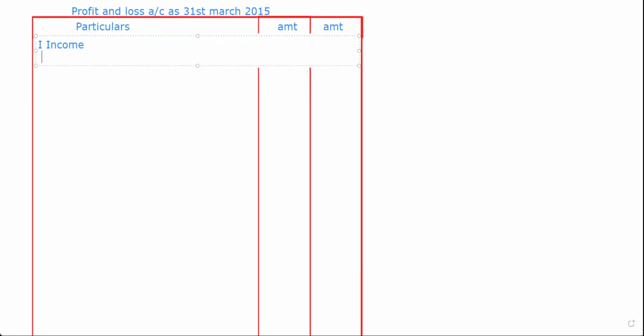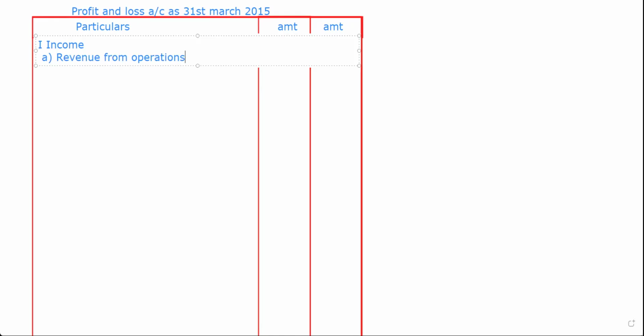Under that, first comes my A, that is revenue from operations. In the revenue from operations, I'm going to check whether I have only the sales or any other things apart from the sales. If I see here, I have got only sales.